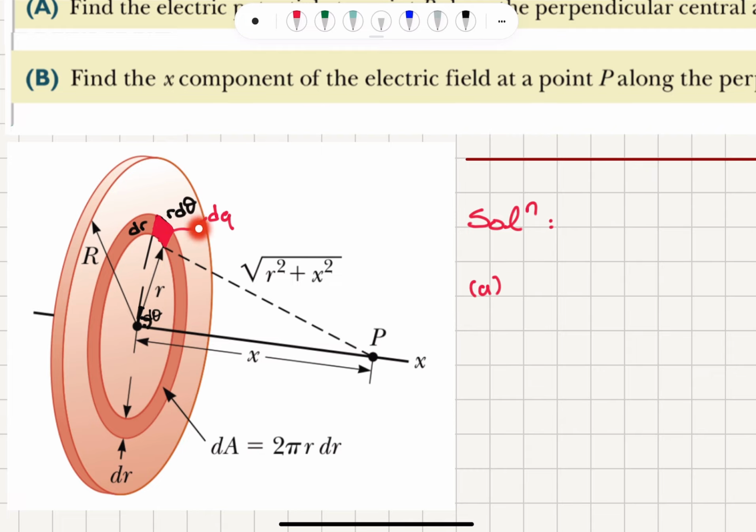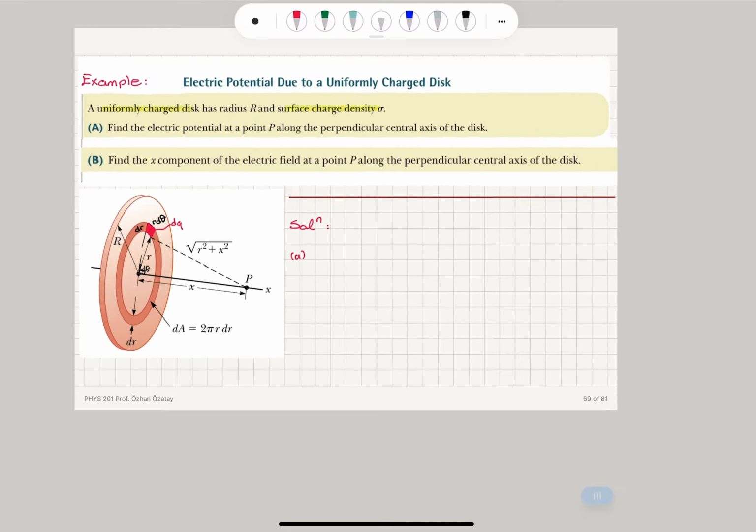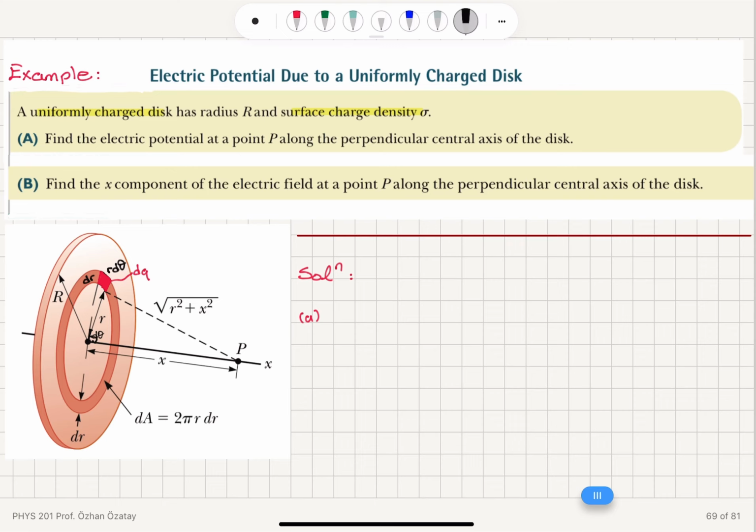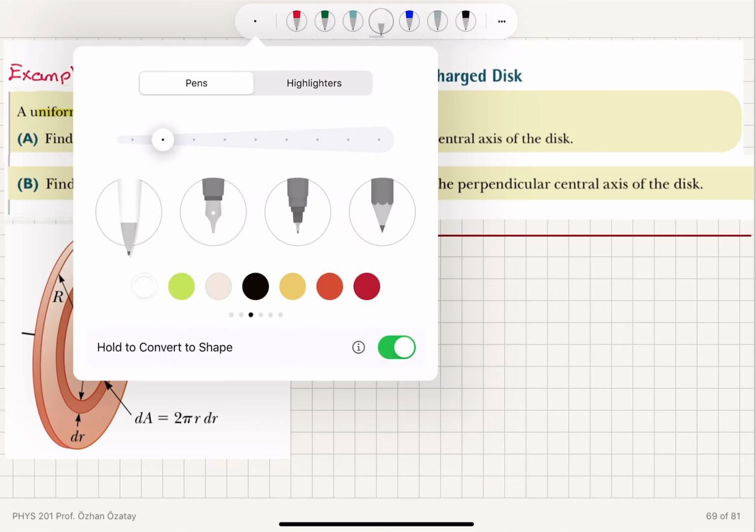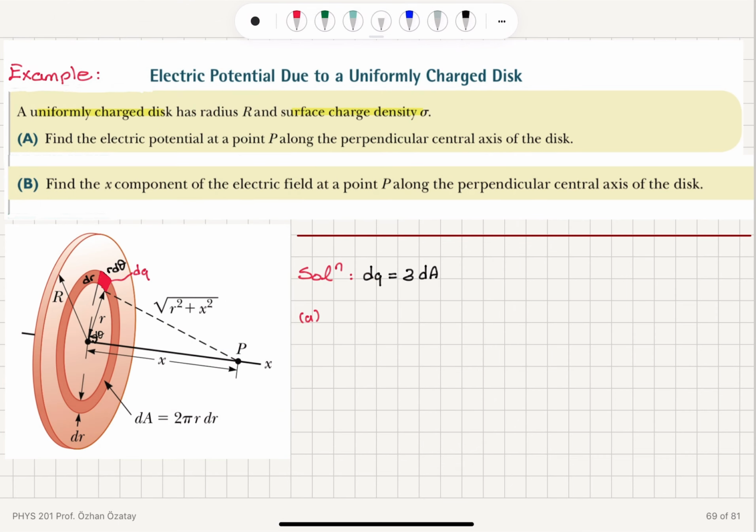So what is this dq, our small charge element in this case? dq is sigma times dA. So you can see that I'm not using this dA anymore. Basically, I'm using the small area element as r dr d theta.